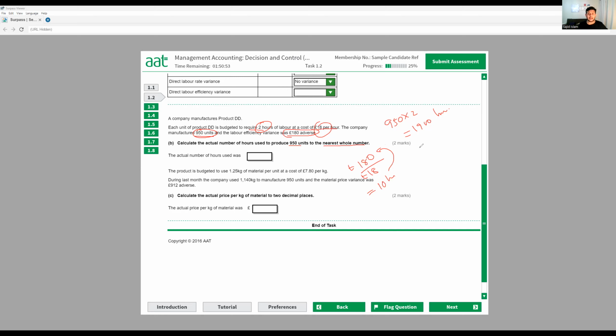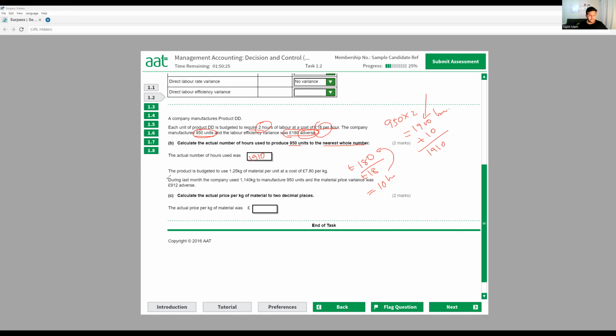How do I know that? Because it is adverse, so you understand we have used more than the budgeted. So 10 hours I need to add here, because it's supposed to use only 1,900, but I can see I have adverse variance. That means I have used more than the budgeted. How many hours? 10 hours. So 1,910 will be my actual hours used.